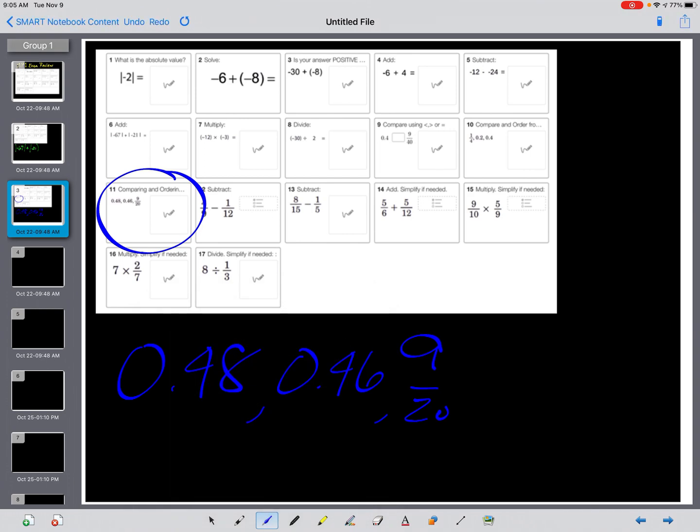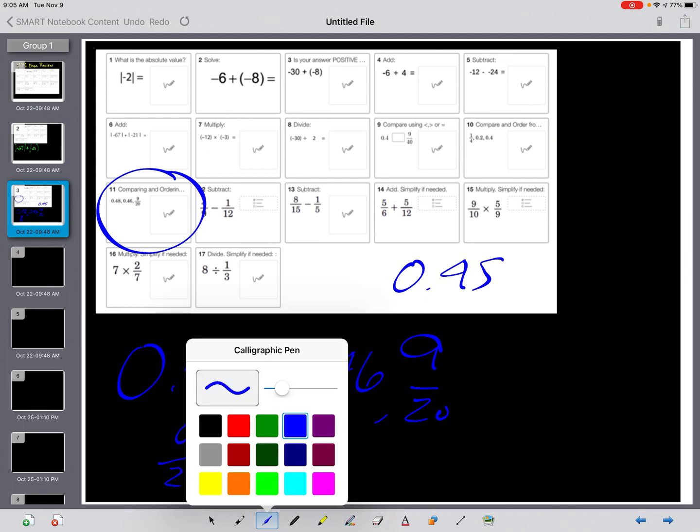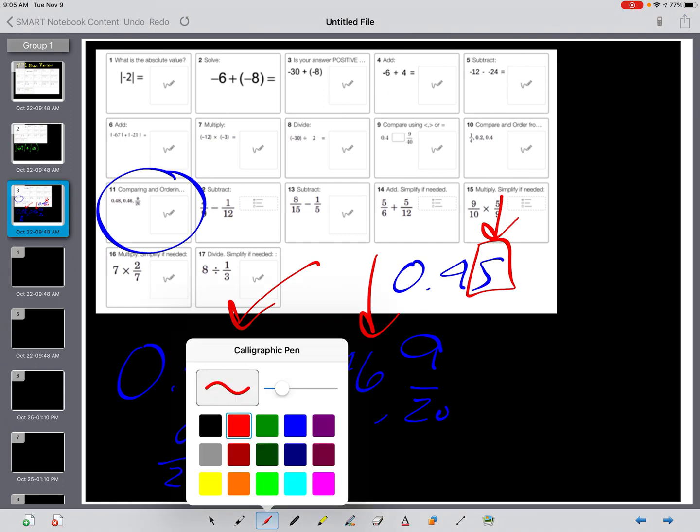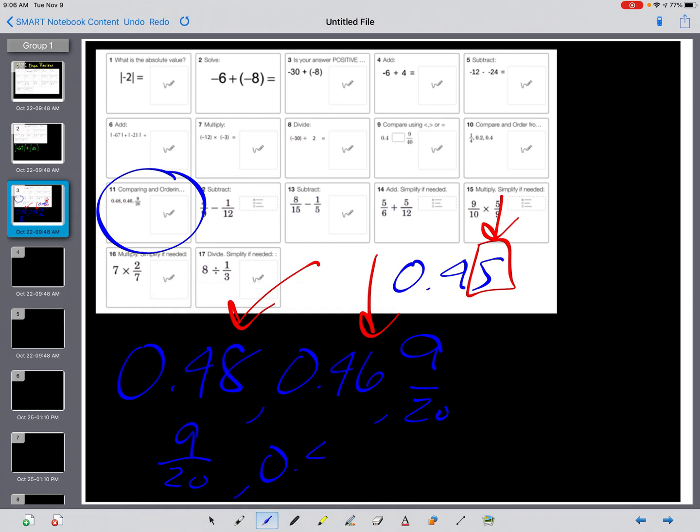All right, so since that's 0.45 for 9/20ths, that one's going to be the smallest value. As you can compare the hundredths place in each one, that 5 is the smallest compared to the 6 and the 8. So 0.46 will come next. And then 0.48. Okay. All right.